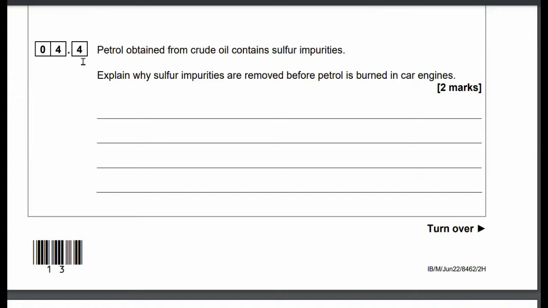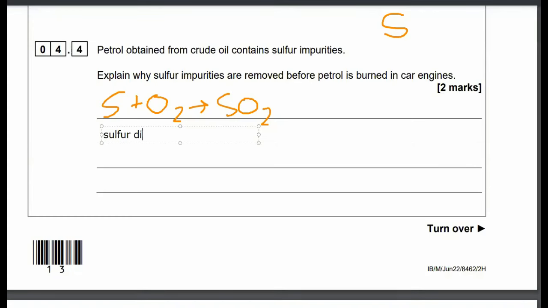Okay, let's go to question 4.4. Zooming in. Petrol obtained from crude oil contains sulfur impurities. Explain why sulfur impurities are removed before petrol is burned in car engines. Well, sulfur atoms, it's a solid yellow substance dissolved as an impurity in petrol and in crude oil. We need to remove it because if we burn sulfur with oxygen, we form sulfur dioxide. This will get you a mark if you say it will form sulfur dioxide when it combusts, and sulfur dioxide will form acid rain.